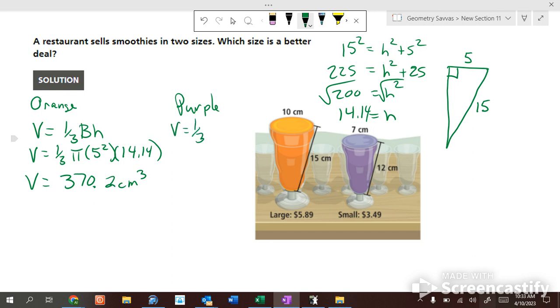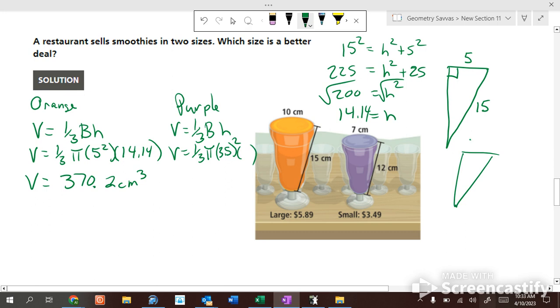Okay, the purple one. Volume equals 1/3 the area of the base times the height. So the volume equals 1/3 times pi times 3.5 squared times, now I got to figure out this height. If this is 3.5 on this side and this is 6 on this side, 6 squared equals 3.5 squared plus h squared, or 36 equals 3.5 squared plus h squared.